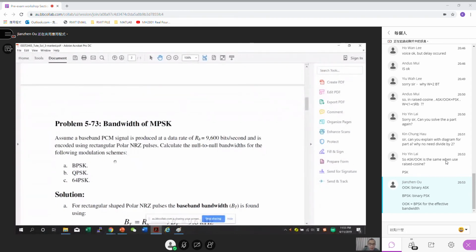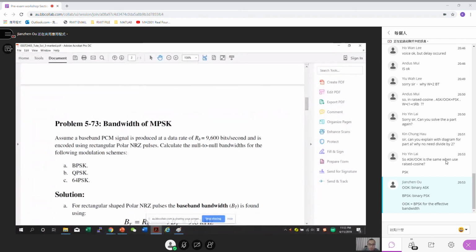Now we know the baseband bandwidth, but we have to calculate the bandwidth using different modulation schemes, which are BPSK, QPSK, and 64 PSK. BPSK, the level is 2, so it's 2 PSK. QPSK is 4 PSK, and then 64 PSK. So we get 2, 4, and 64.